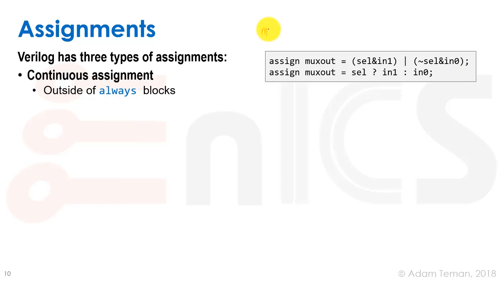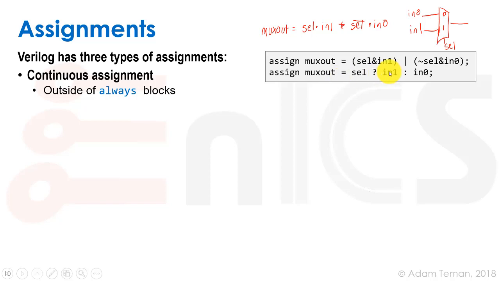So what we get is mux out equals sel times in1 plus sel not times in0. That is exactly a multiplexer, right? It has sel over here. For the 0, it gets in0, and for the 1, it gets in1.